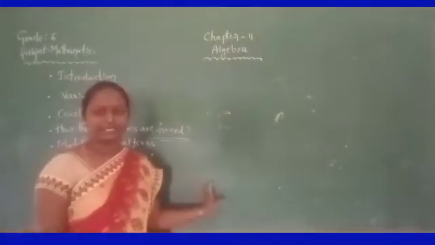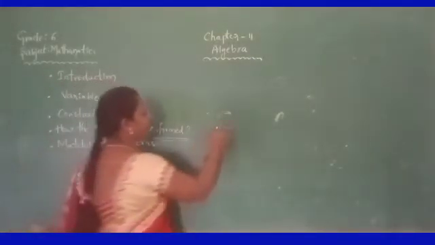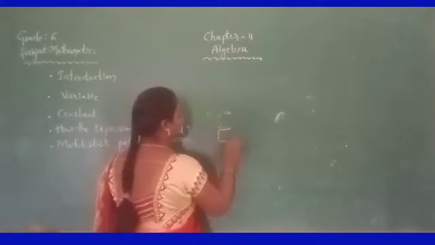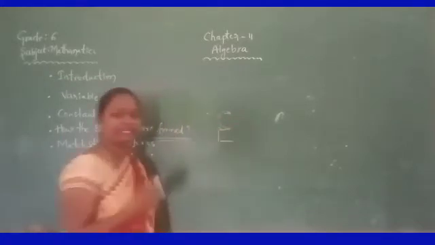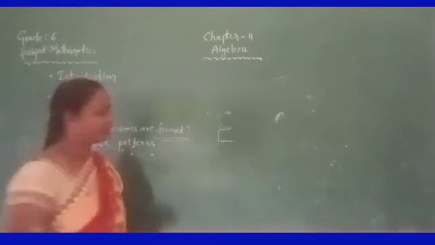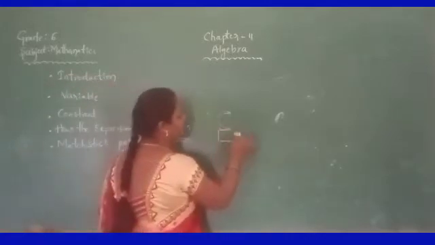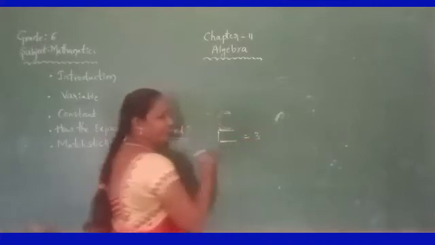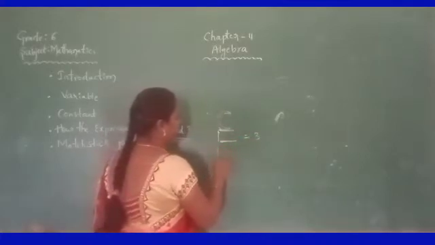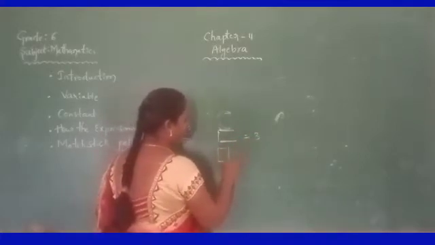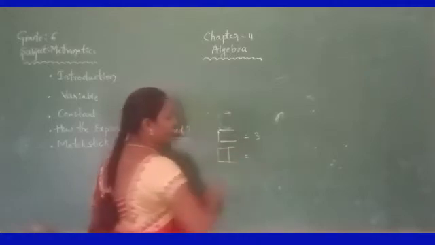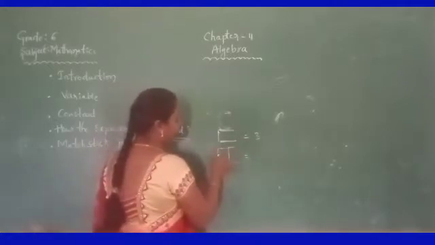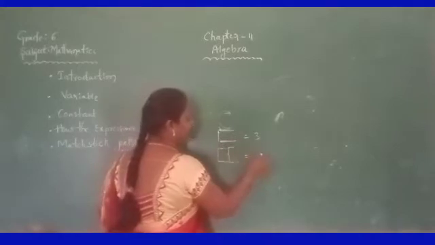What are mathematical patterns? Suppose you want to form the letter C using matchsticks. How many matchsticks will be required? Here 1, 2 and 3: three matchsticks. If you want to form two C's, how many? 1, 2, 3, 4, 5, 6.